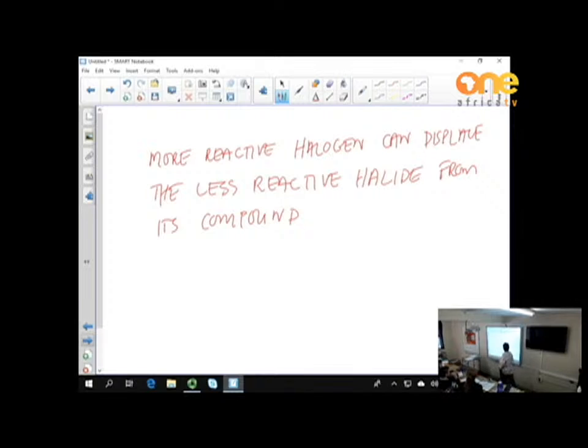All right, now what does this mean in practice? For example, let's take fluorine, because fluorine is the most reactive one. So if I have fluorine and I have a solution, for example, of potassium iodide, we will find, if you go and look at the reactivity between fluorine and iodine, we will see fluorine is more reactive.